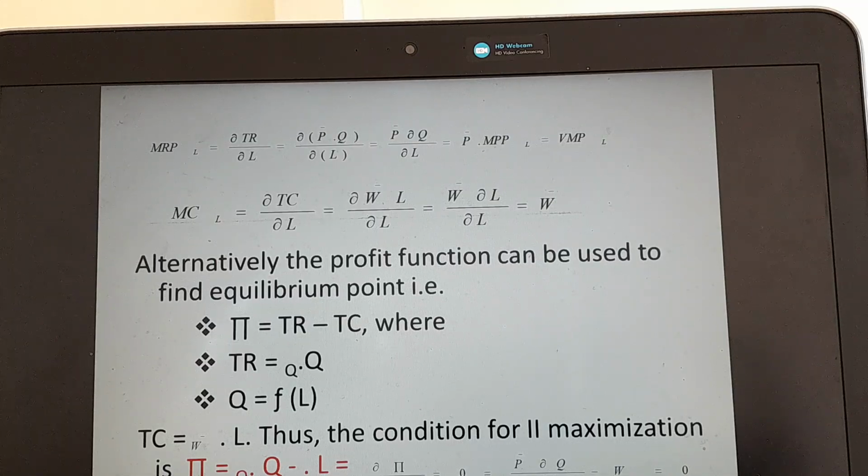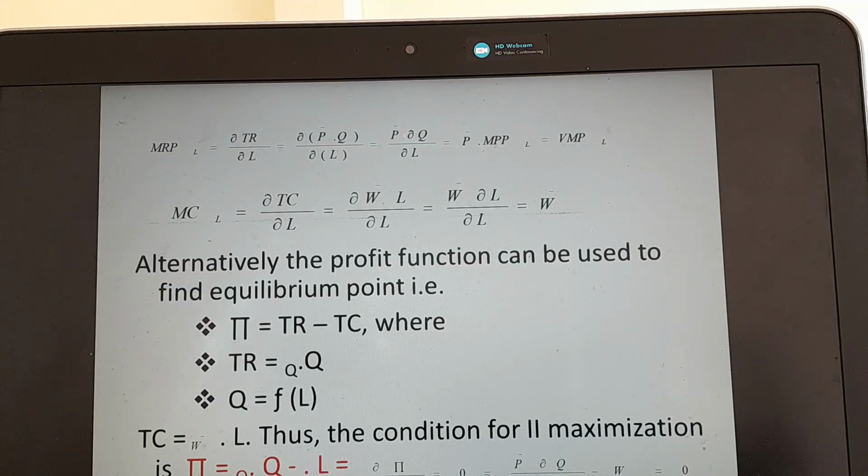Marginal revenue product is the change in total revenue with respect to change in labor. This equals the change in P times Q, where total revenue means P, the price of the output, times output, derivative with respect to change in L. Price is constant, we said.